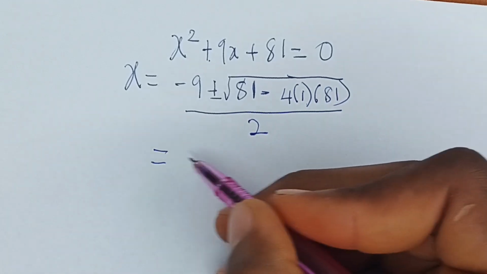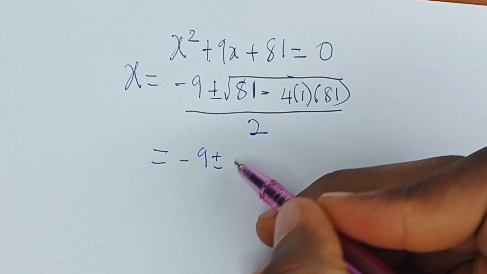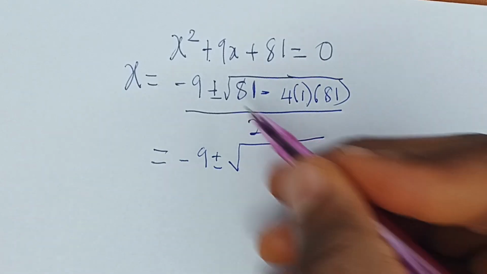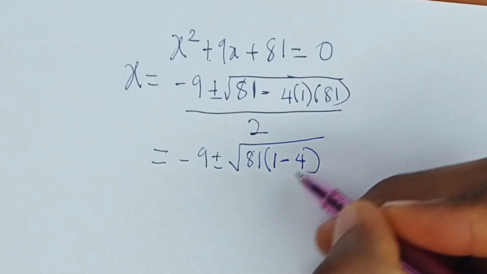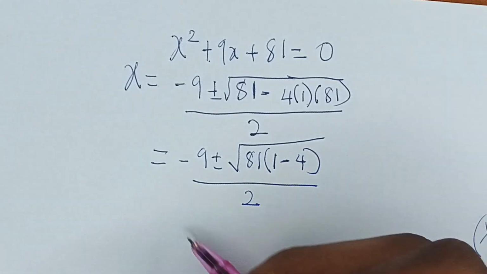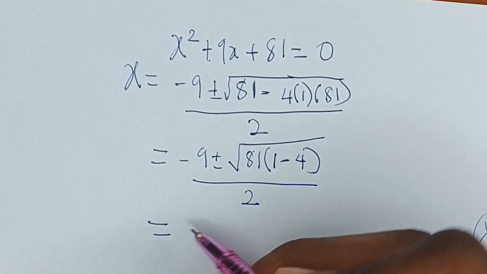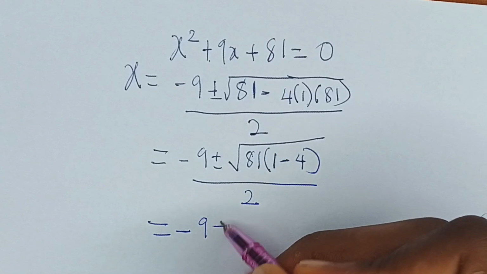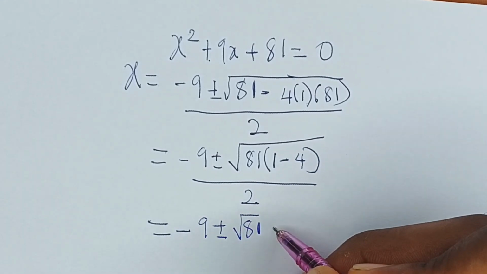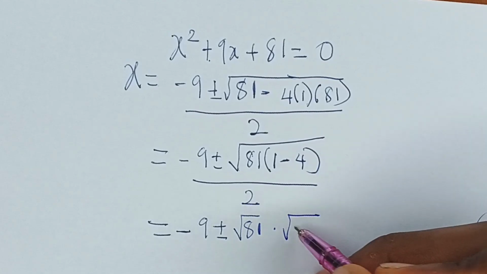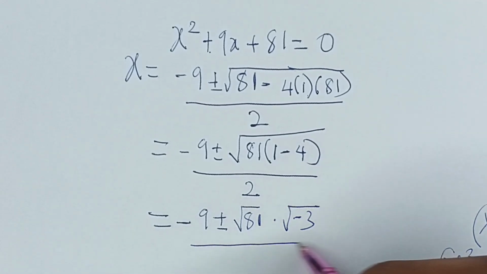This is equal to minus 9 plus or minus the square root of, factoring out, 81 into 1 minus 4, all over 2. This becomes minus 9 plus or minus the square root of 81 times the square root of 1 minus 4, which is negative 3, all over 2.